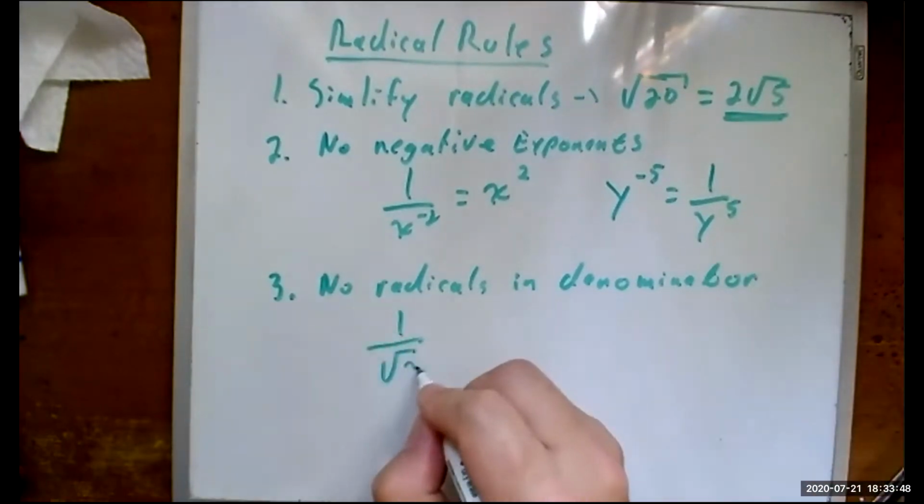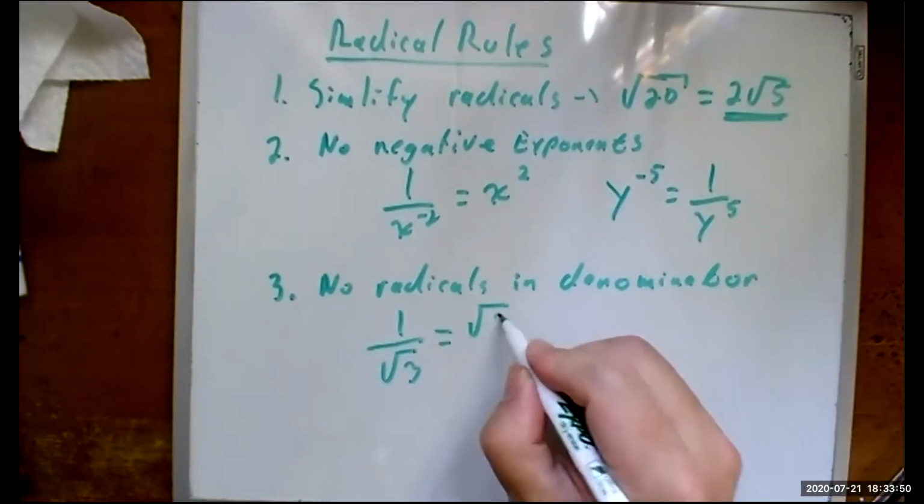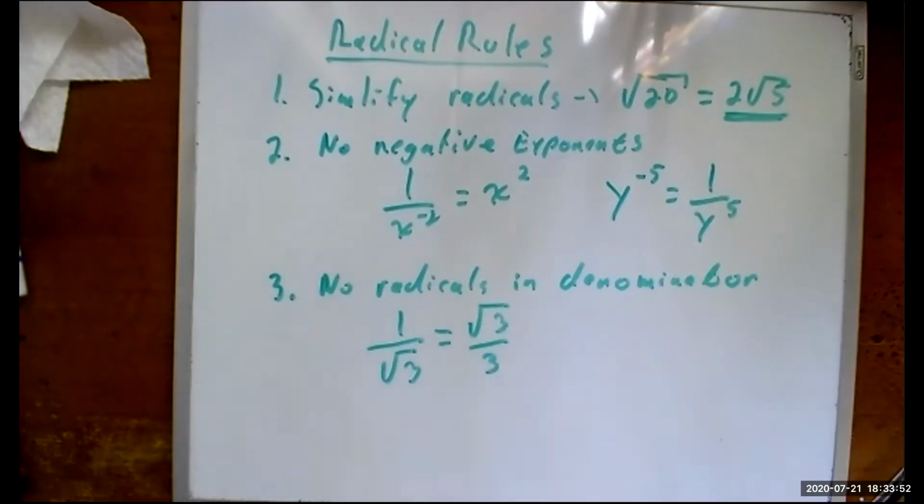So 1 over root 3 should be written as root 3 over 3. Okay.